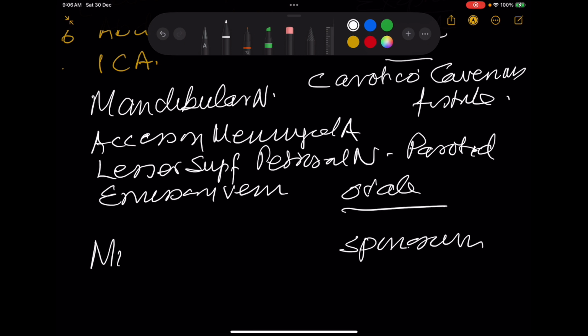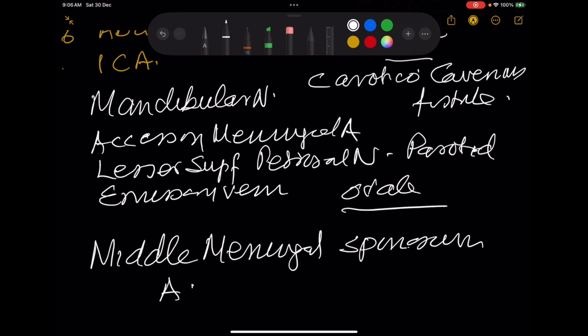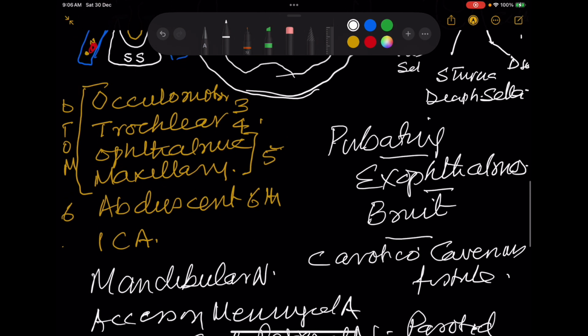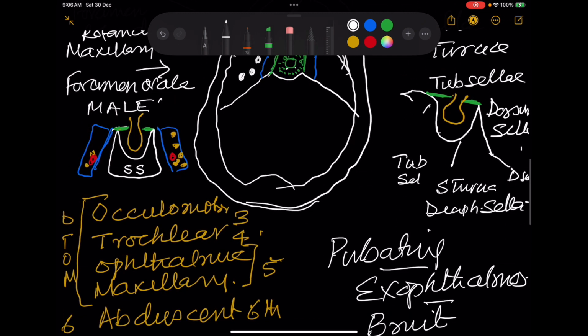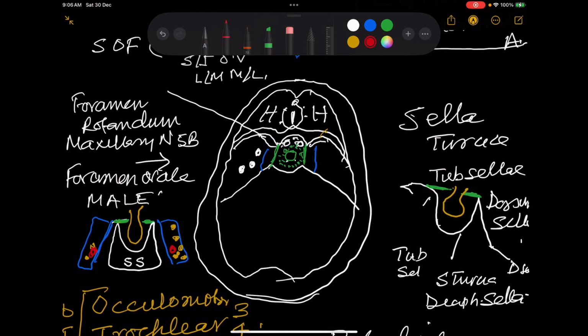The middle meningeal artery enters through the foramen spinosum, and you must remember that this middle meningeal artery has a course like this and like this. It's extradural, therefore it's responsible for extradural hematoma in head injury.